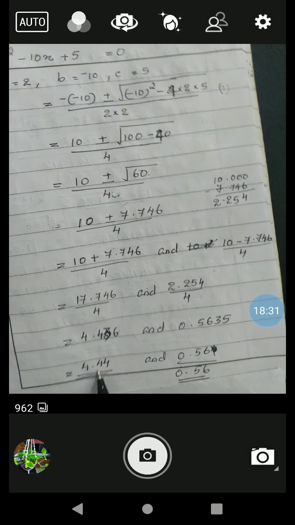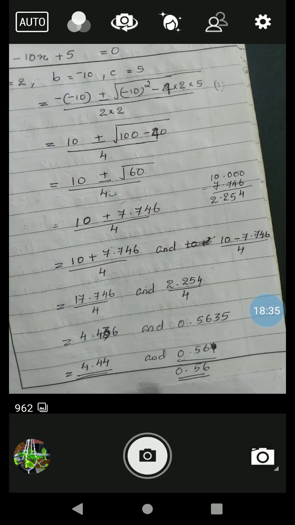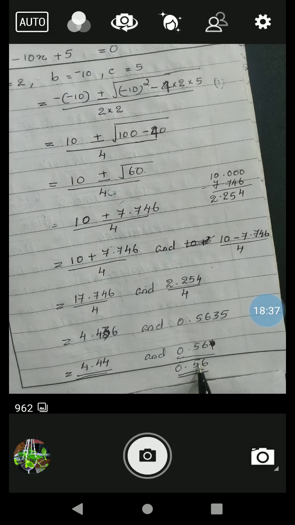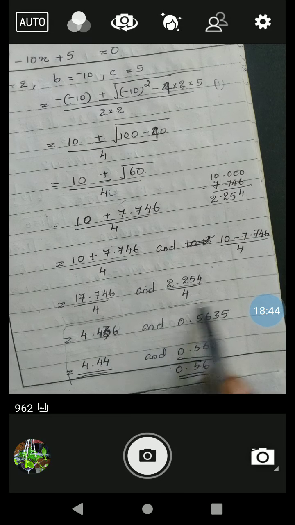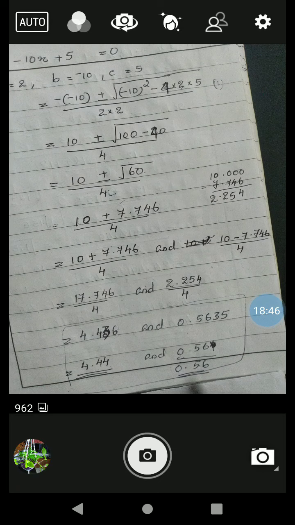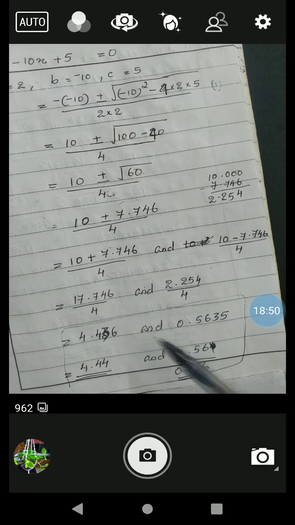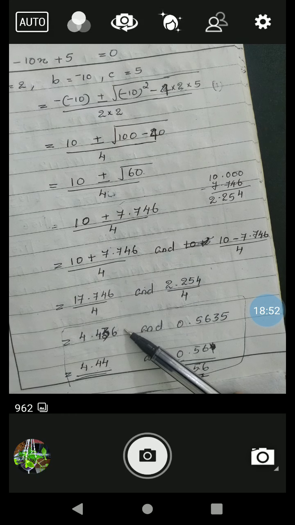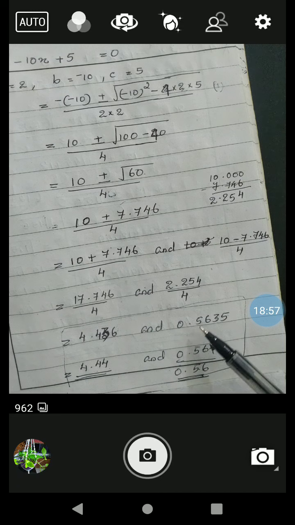Therefore, both answers should be correct, that means 4.44 and 0.56. Both answers should be correct and you should have all these 4 values correct to 2 decimal places. So, in the previous step there should be 3 decimal places present. If these 4 values are present here, you will get the last mark.